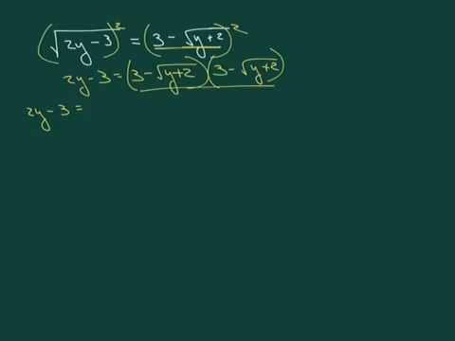First terms, which would be the 3 and the 3, equals 9. So the F is done. We have the O and the I and the L. So let's work on the O right now. That says outside. This one and this one. So this is a minus, so it would be 3 times negative square root of y plus 2. So that would be negative 3 square root of y plus 2.